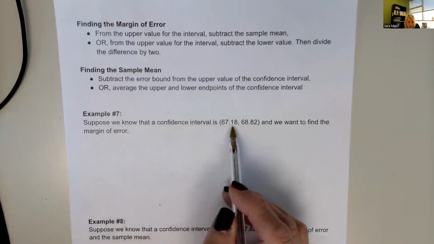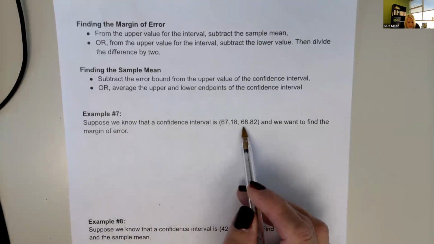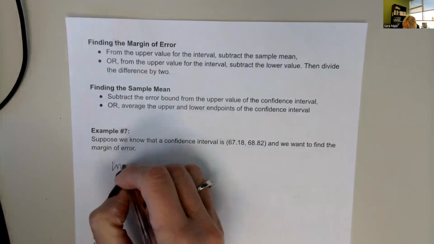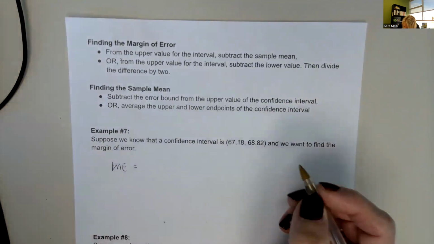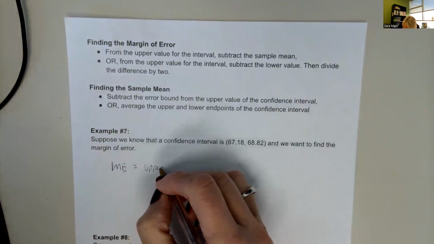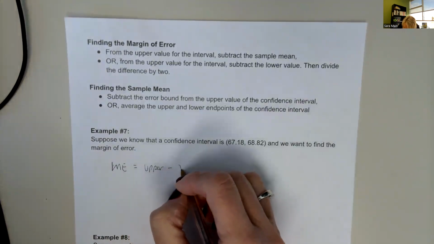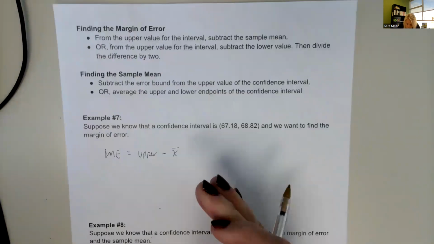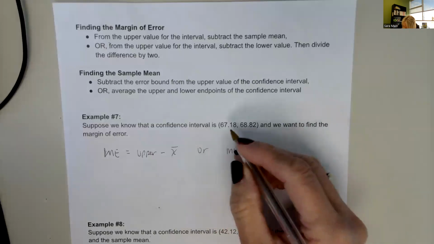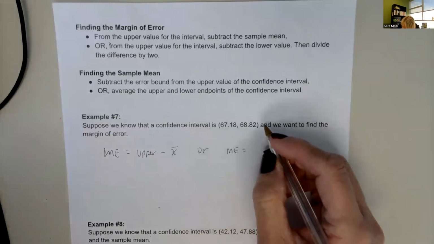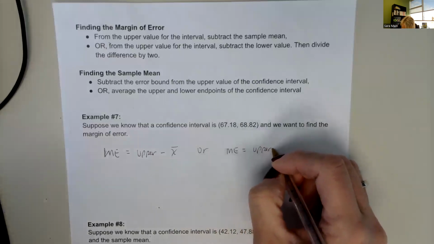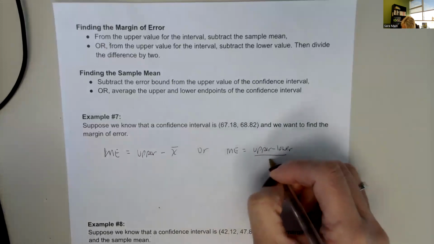Suppose we know that a confidence interval is 67.18 to 68.82, and we want to find the margin of error. So the margin of error is either taking the upper and subtracting the sample mean, but we don't know the sample mean, or the margin of error is taking the upper minus the lower and dividing by 2.